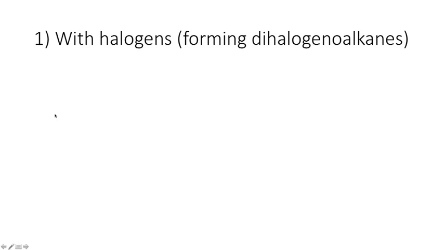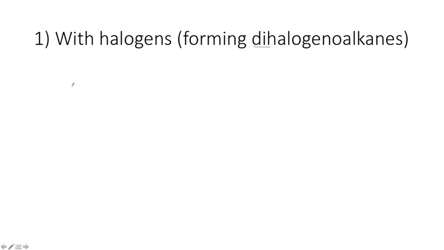So the first one will be with halogens. So we're just going to quickly draw this out. Apologies for the bad drawing. So with a halogen, they will form a dihalogenoalkane.